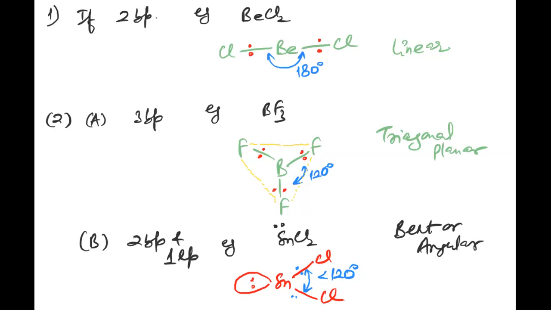In the same continuation, fourth, and its A part: suppose we have four bond pairs of electrons, for example CH4, a molecule in which carbon is forming four bonds with surrounding hydrogens.